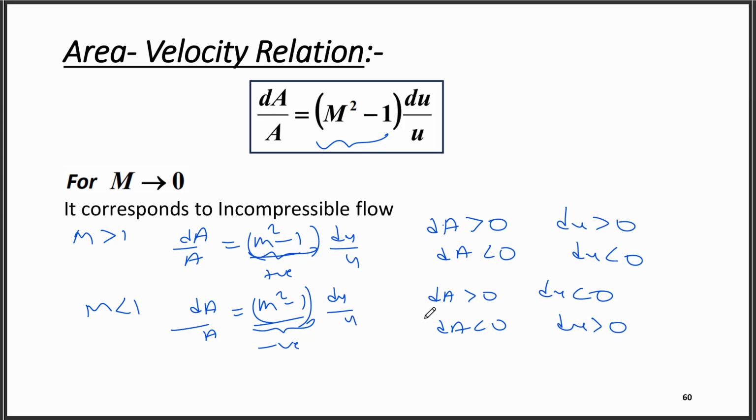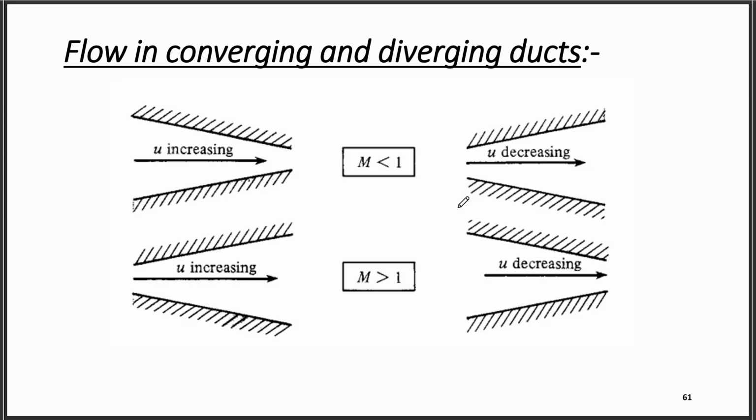It means if area is increasing, then velocity will decrease; if area is decreasing, velocity will increase. The same thing we can see from this figure. For Mach number less than 1, that is for subsonic flow, a converging nozzle will give an increment in velocity. For a diverging nozzle, velocity will decrease.